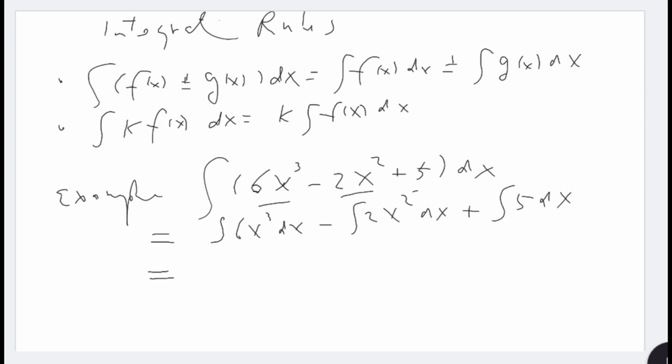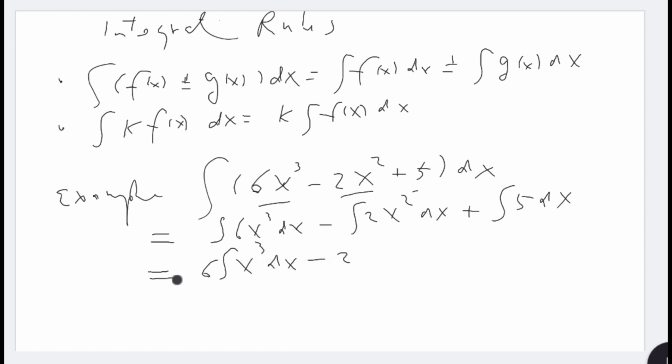Now for the first integral, the 6 is like the k in this product, right? So we can pour out the 6, copy down the 6, and then integrate the part involving x only.